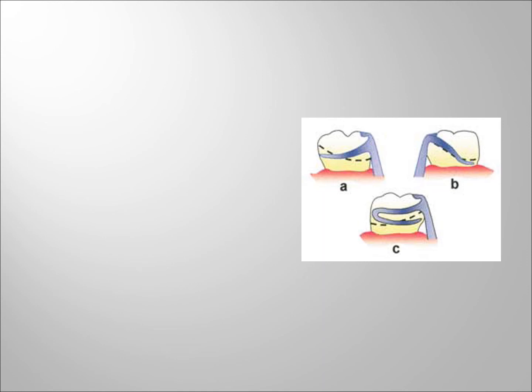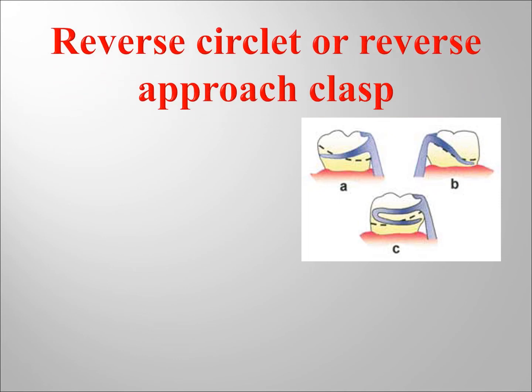In C, this is a fishhook or reverse action clasp, where you use it where the retentive undercut is on the same side as the edentulous space. So you either use the reverse circlet or you use this type. So basically you have to see where the undercut is. If it is on the other side from the edentulous space, you use simple circlet. If it is not, then you have to think of other options.